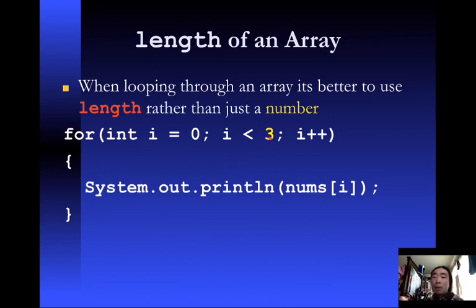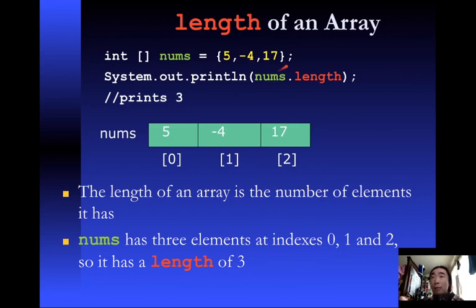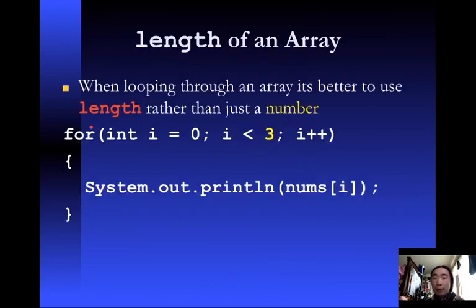And your array could vary in size, like for example in this one we just made it 3, but it could be 4, it could be 100, it could be 1,000,000,000. Sometimes you don't know. And that's why the dot length is very useful. Okay, nums.length, whatever the name of your array is, dot length gives you the number of elements inside that array.